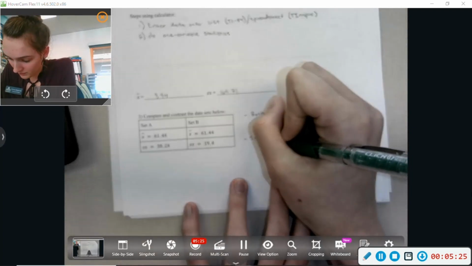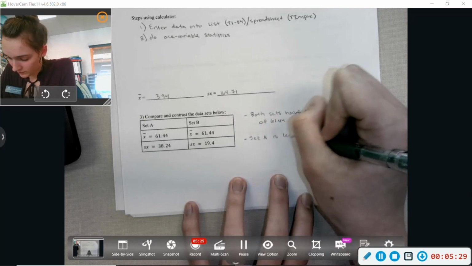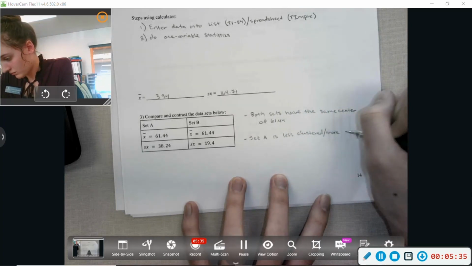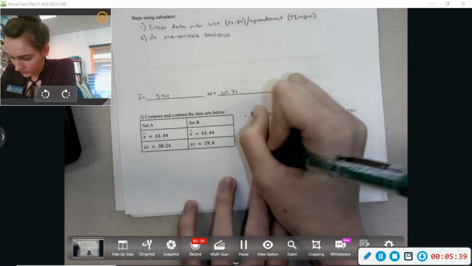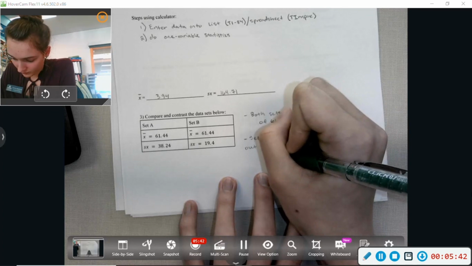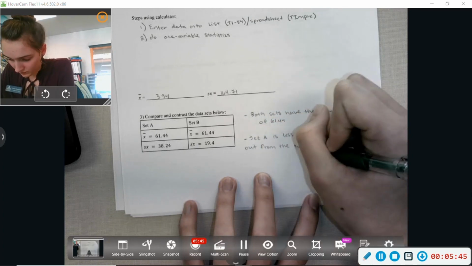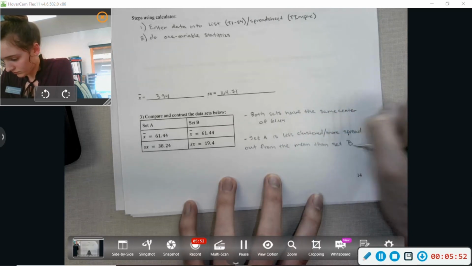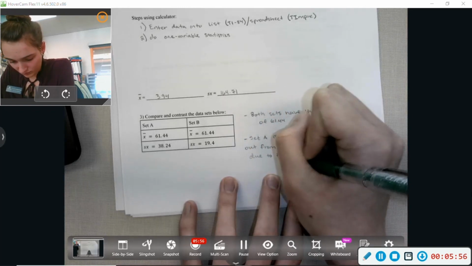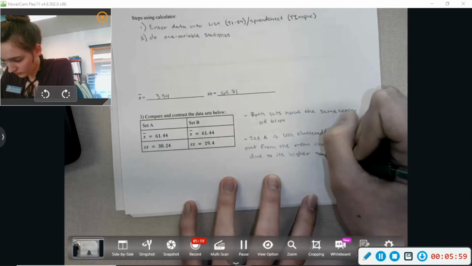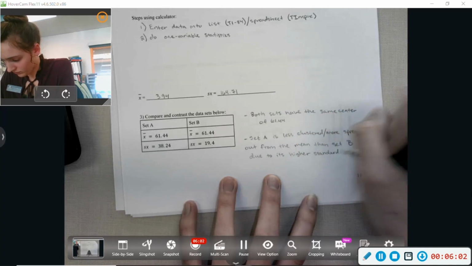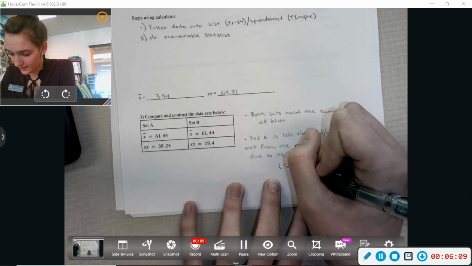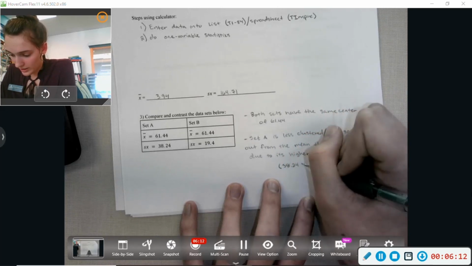Okay, and so to cite that, we can say that 38.24 is greater than 19.4.